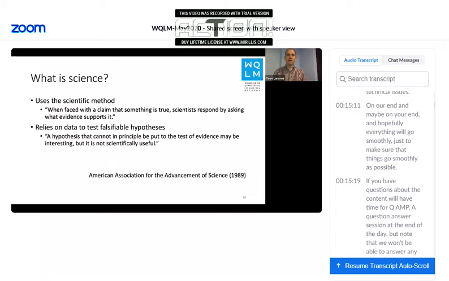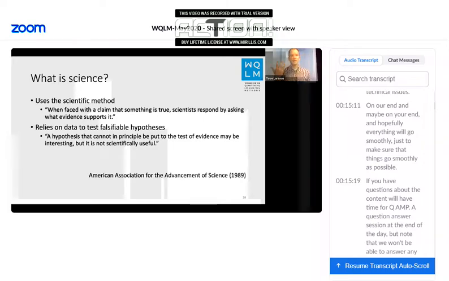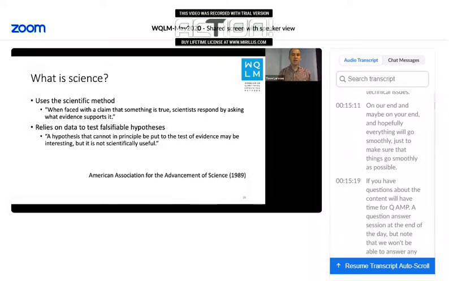If we cannot learn that a hypothesis is false, then we can't ever learn anything about its truthfulness, and it's not interesting or useful, at least within the scientific paradigm.